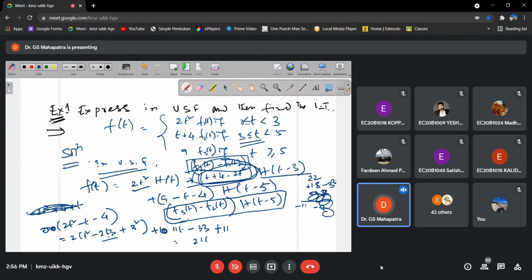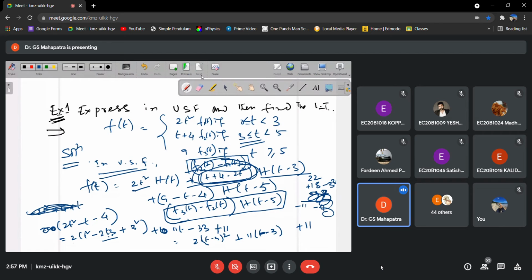Okay, 2 into t minus 3 whole square, minus 2 into t minus 3 whole square plus 11 into t minus 3, plus 11. So that one actually is the middle part. And the last part is already there, minus t plus 5.